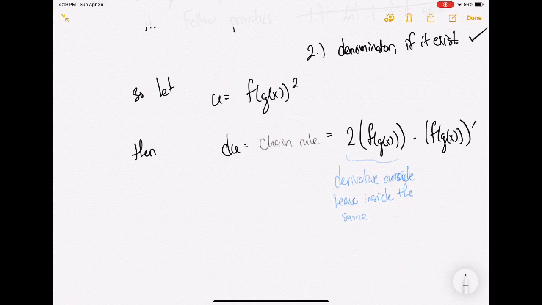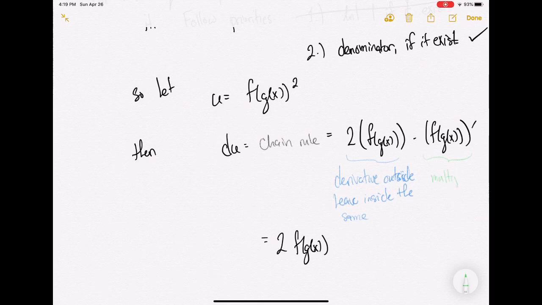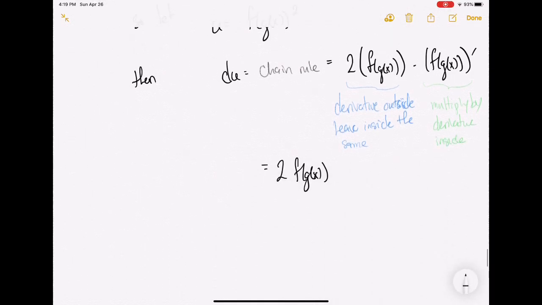Let's rewrite that one more time. 2 f of g of x. What is f of g of x prime? This is multiplied by the derivative inside. f of g of x prime is a chain rule: derivative of the outside, f prime, leave the inside the same, g of x, multiply by the derivative of the inside, g prime of x.